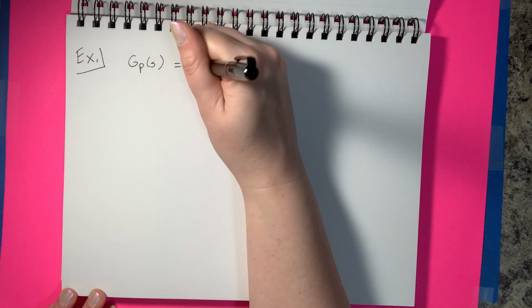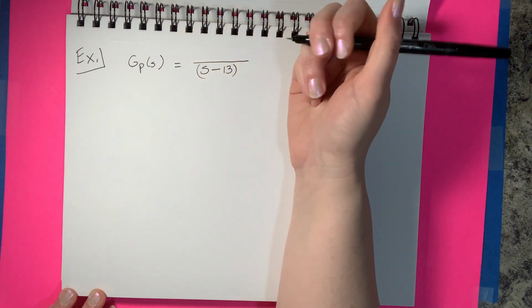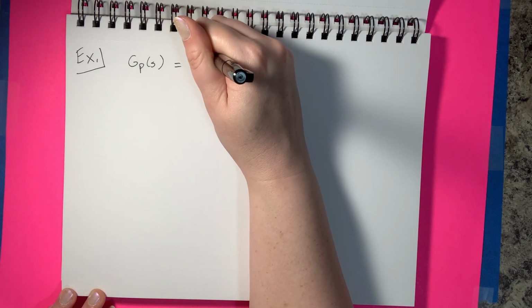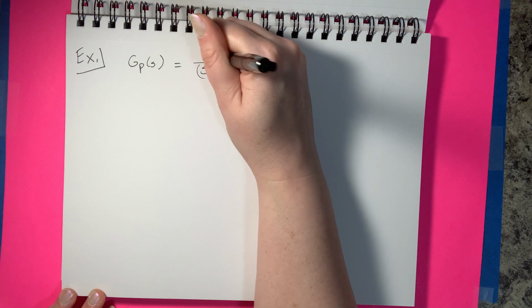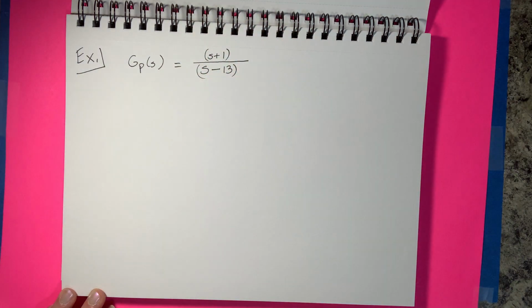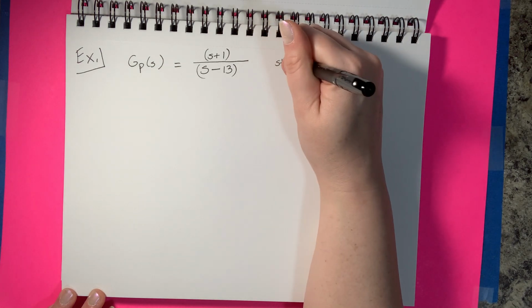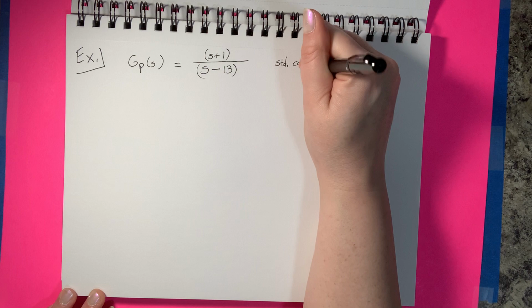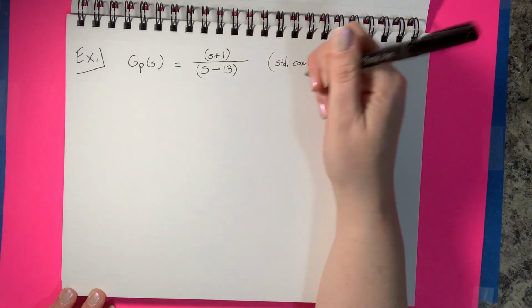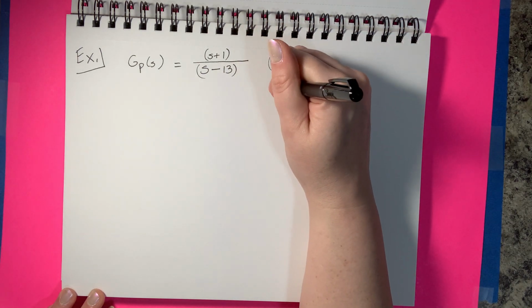Do 13. And let's have an S plus 1 on top. Okay. And then we also assume the standard configuration. And then our control task is stabilization.